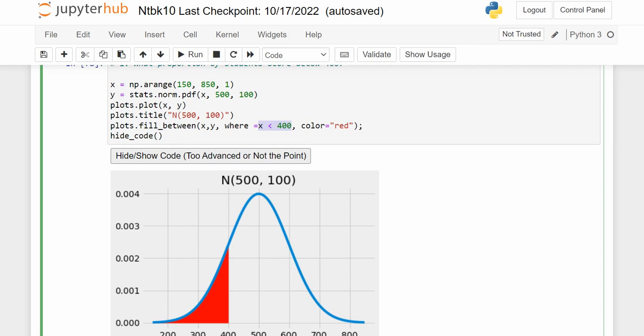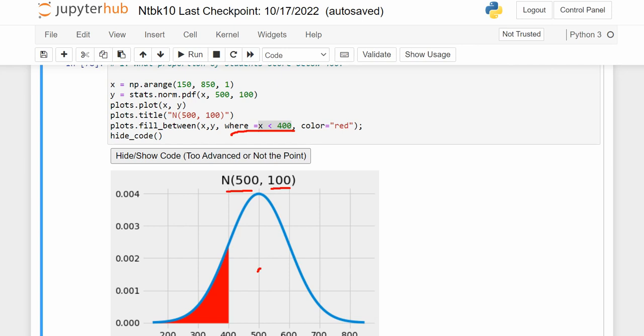Each of the components is worth 800. The average on that component is going to be 500 with a standard deviation of 100. And here, what we're checking on is what's the probability that x is less than 400. So what's the probability that a student selected at random who's taking the test, and we ask them what their score is, and the answer is less than 400.